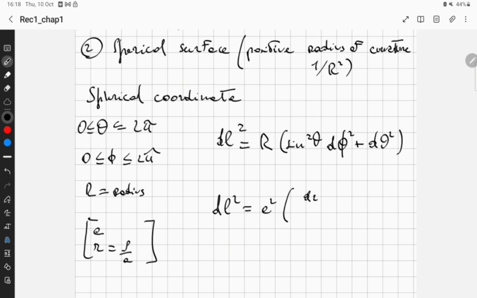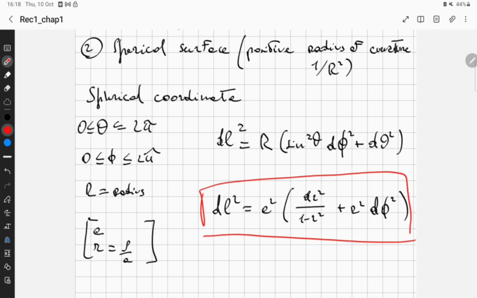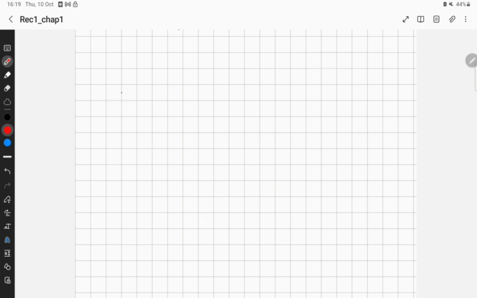So here we have a square times dr square over 1 minus r square plus r square d phi square. So we will look at them together and we will see immediately which is the generalized form that describes them all.